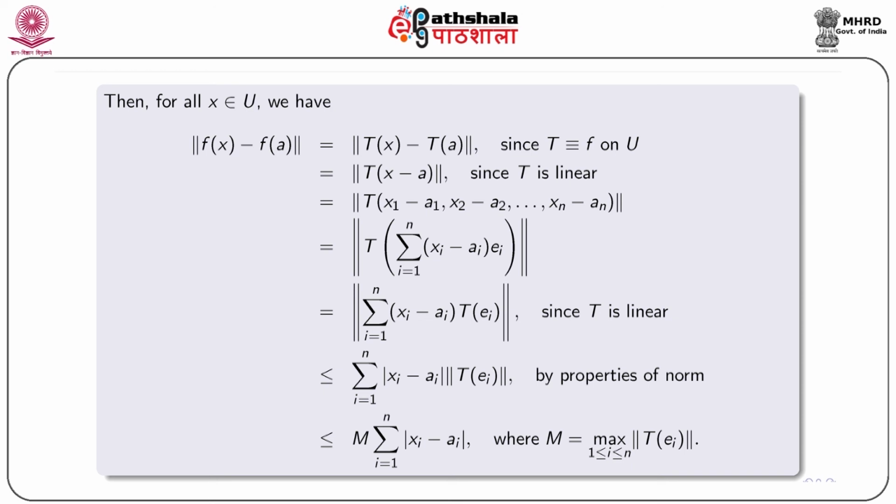Therefore, the expression becomes norm of summation i equal to 1 to n (xi minus ai) T(ei), and by triangle inequality it is less than or equal to summation i equal to 1 to n modulus of (xi minus ai) times norm T(ei). So, it is less than or equal to M times summation i equal to 1 to n mod (xi minus ai), where M is the maximum of all norm T(ei), where i runs from 1 to n.